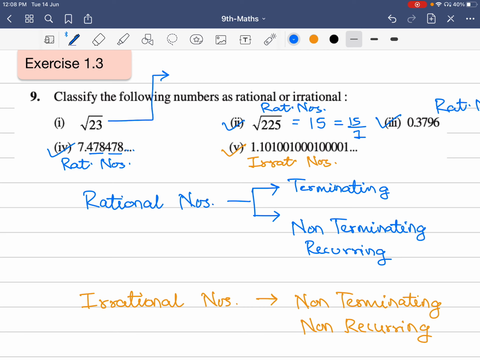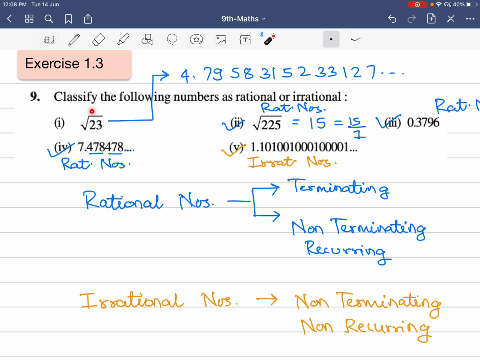The value of the square root of 23 comes out to be 4.7958315233 and so on. As you can see, it's non-terminating, and it's non-recurring because there are no digits that repeat.